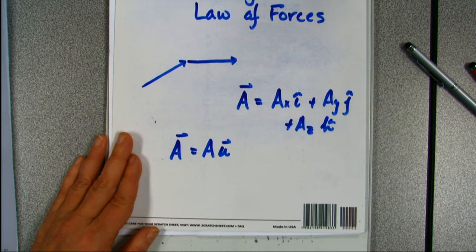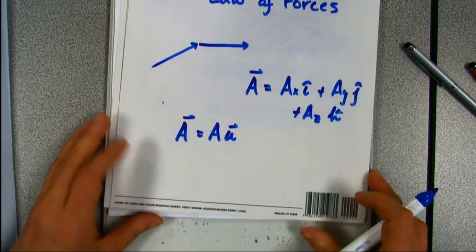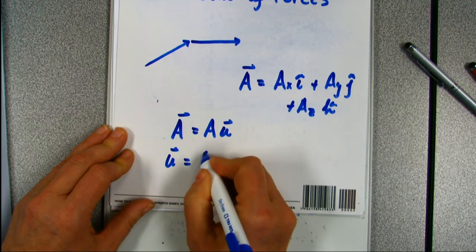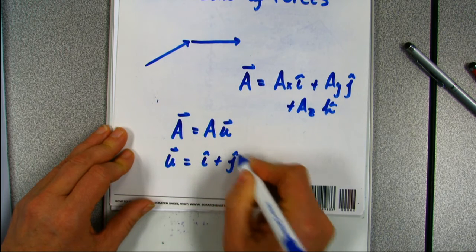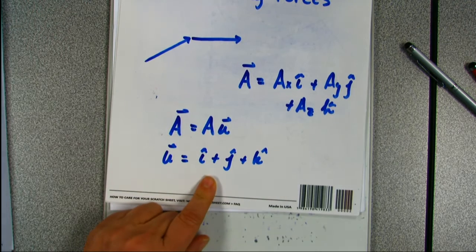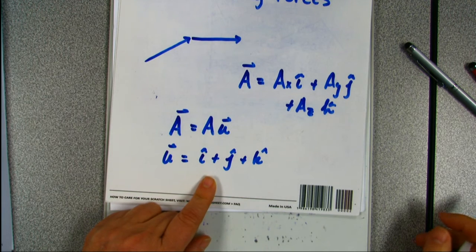Okay? And my unit vector is essentially i plus j plus k, because each one of those has a magnitude of 1, right? And it's a unit vector in each of those directions.